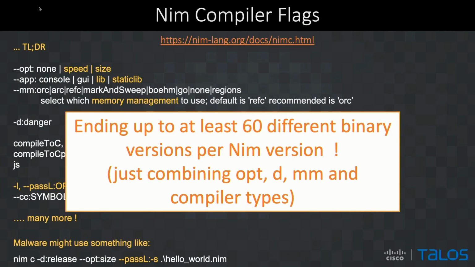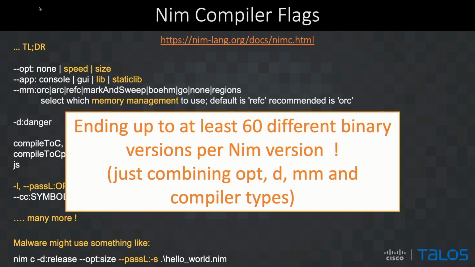So if you ever tried to make a FLIRT signature, for instance, for this kind of stuff, and you have different binaries being generated by different compiler flags, it becomes really, really difficult to identify the actual library functions from the libraries so that you can distinguish the user code from the library code.